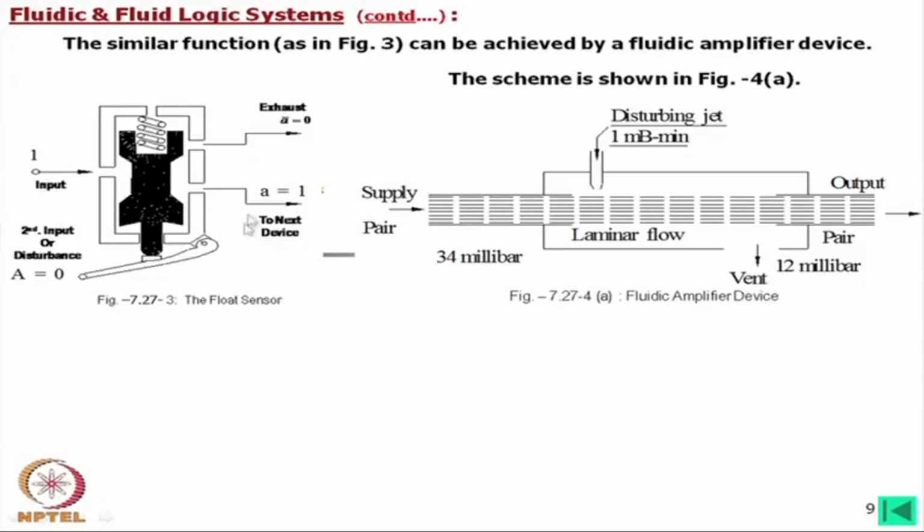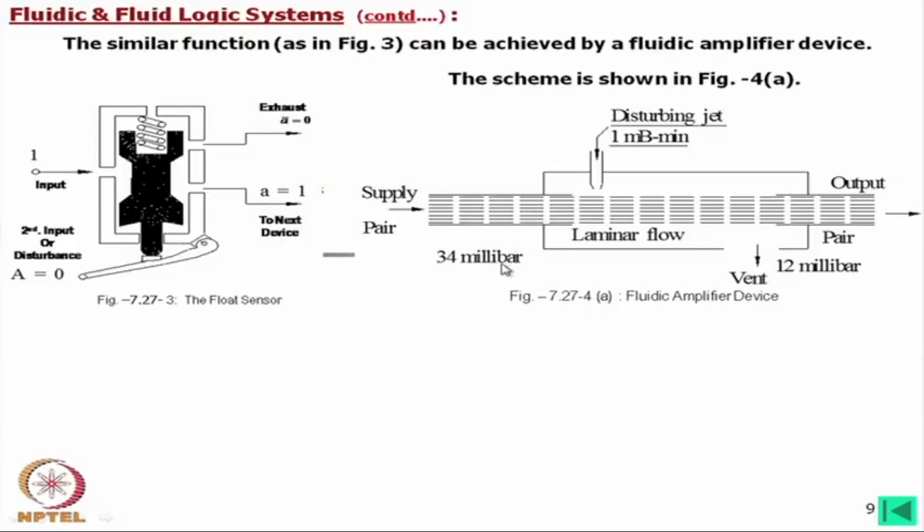So, this is basically a hydraulic device, not a logic device or fluidic device, because here there is a moving part. In a fluidic device there is no moving part except the fluid, and the function is the same.